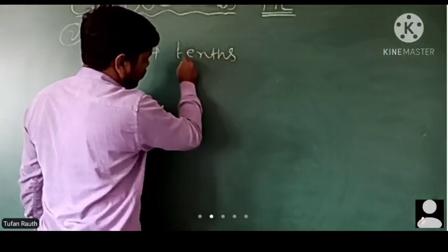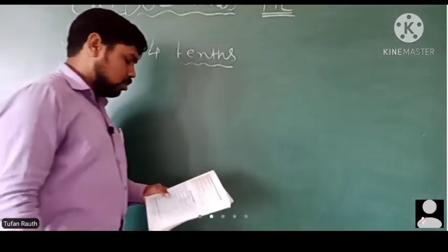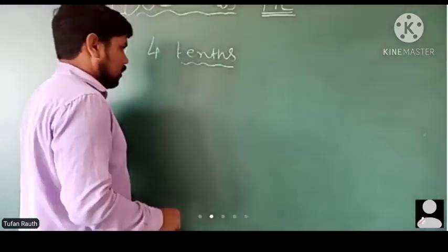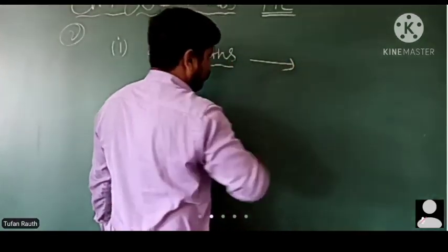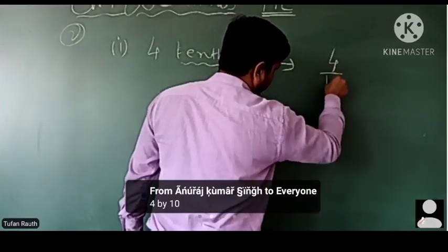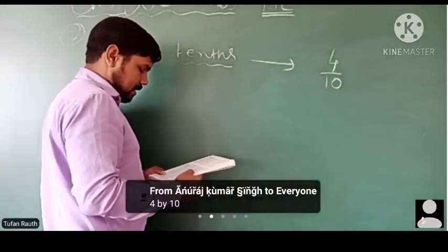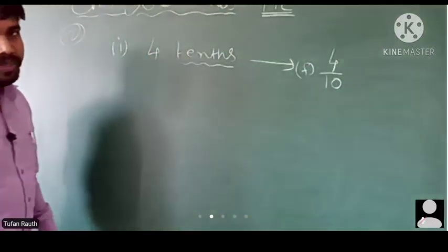We have learned tenths means divided by 10. If you write this in words, it is 4 tenths, and in fraction it is 4/10. The option is F, so this will be matched with option F.